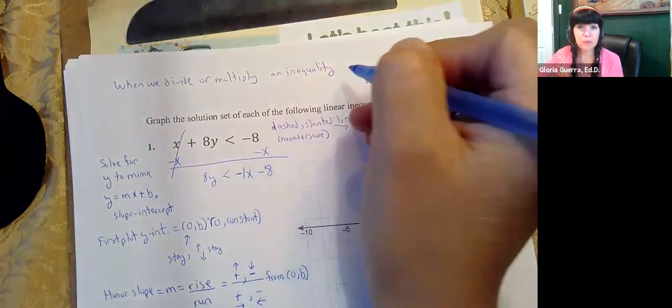Yeah, so this doesn't happen when you're working with an equation. This happens when you're working with an inequality. So remember, these are inequalities: less than or equal to, greater than or equal to, less than, greater than.